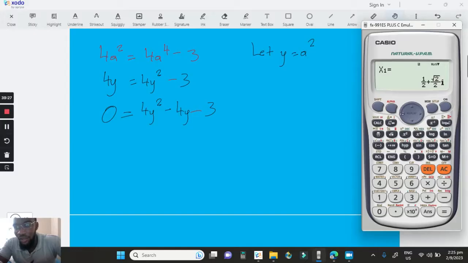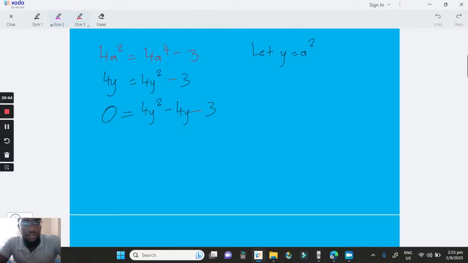All I will do is go and replay and change C to negative 3. One answer is 3 over 2 and negative a half. So x equals 3 over 2, x equal negative a half. Well, not x, y.